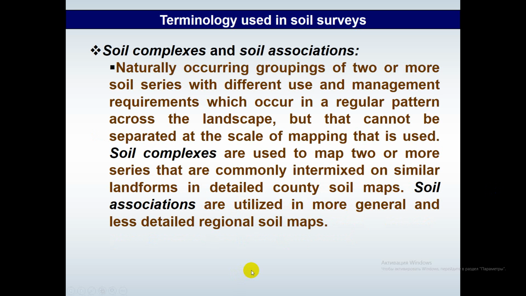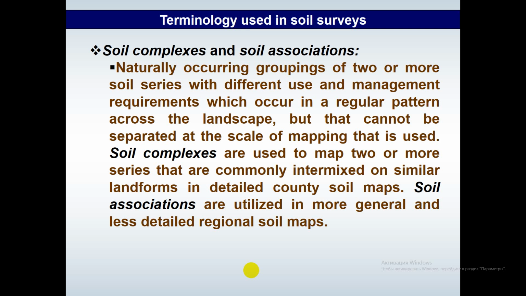Soil complexes and soil associations. Naturally occurring grouping of two or more soil series with different use and management requirements, which occur in a regular pattern across the landscape but that cannot be separated at the scale of mapping that is used.